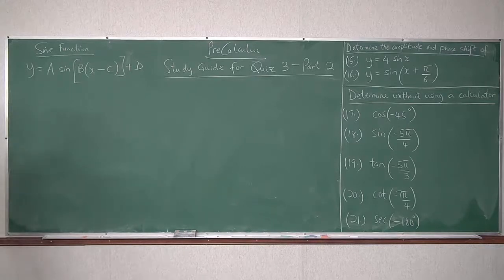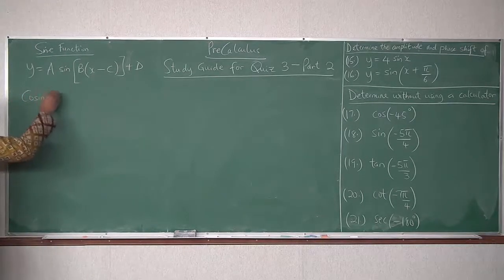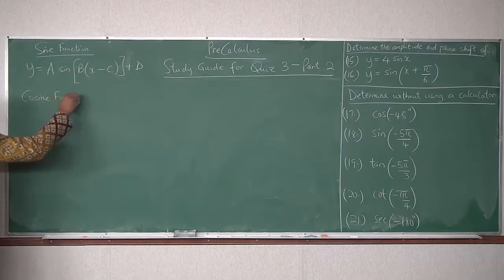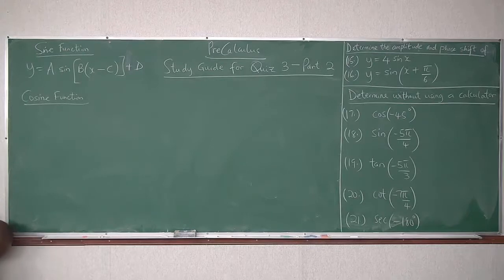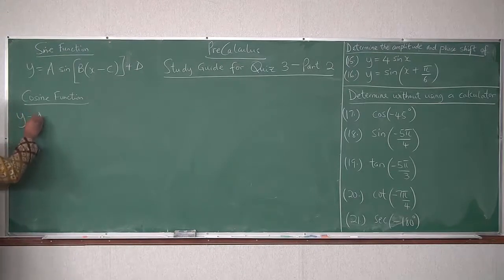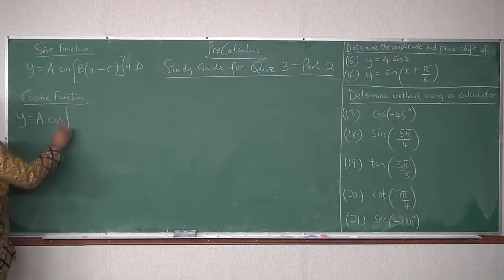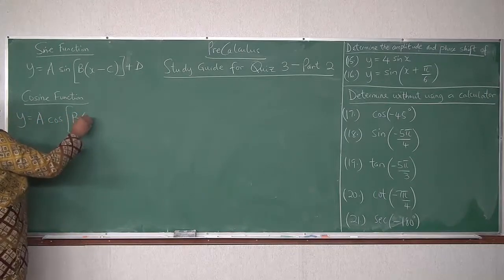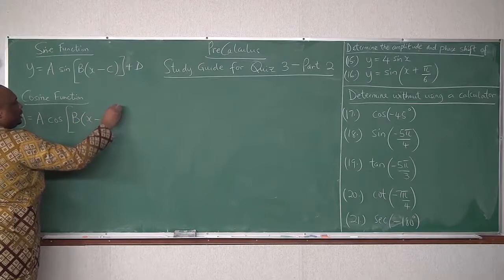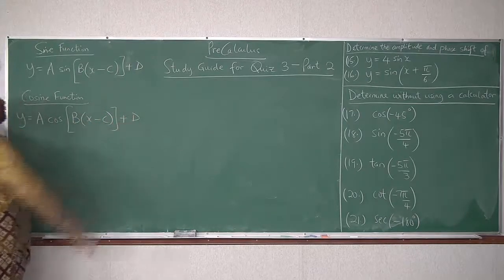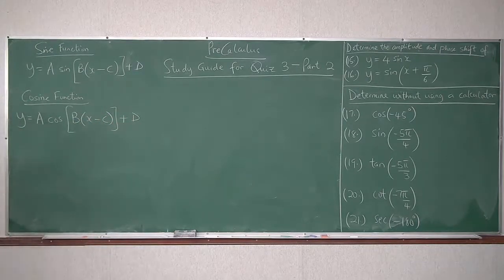And for the cosine function, we have that y is equal to a cos (bx minus c) plus d. A is the amplitude.